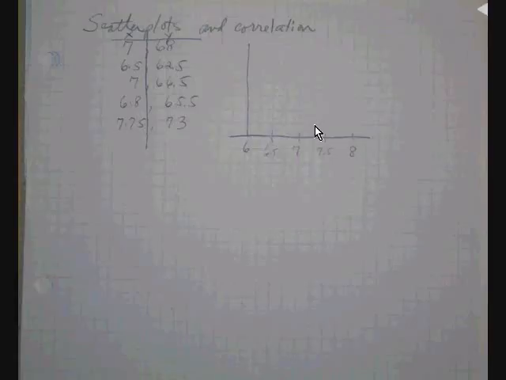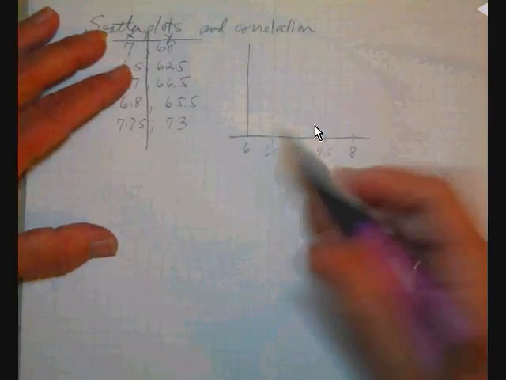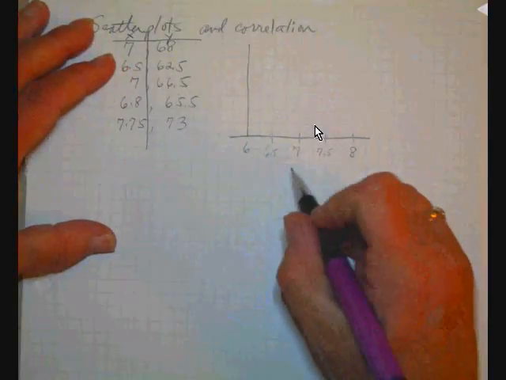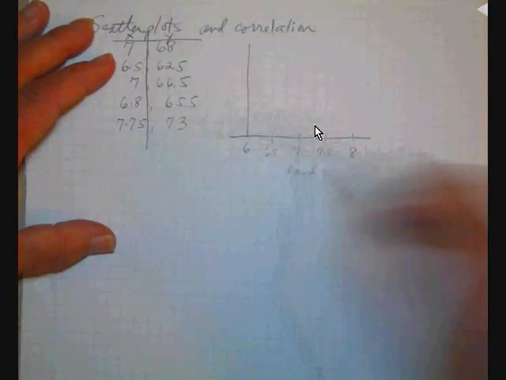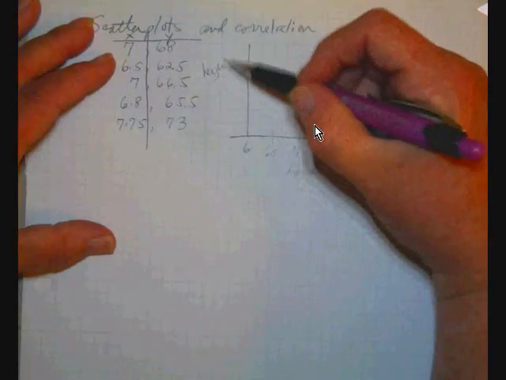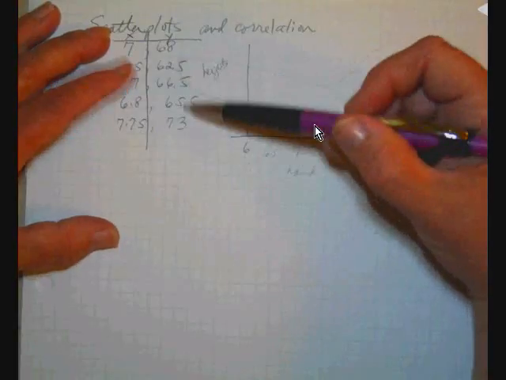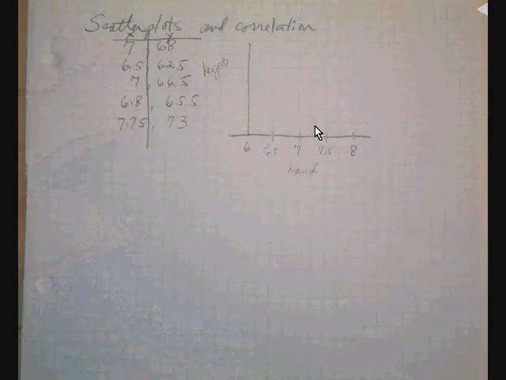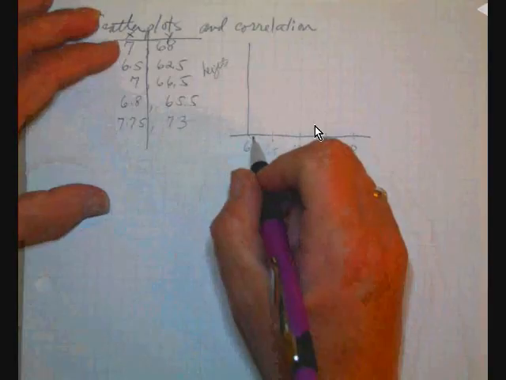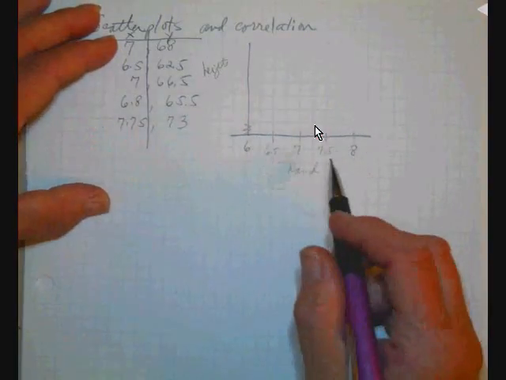Now, my vertical axis, and these are actually the hand sizes. My vertical axis is the height. The lowest one is 62.5, the highest one is 73. So maybe I'll do a little squiggly so it won't be right on that horizontal axis. Doesn't matter.